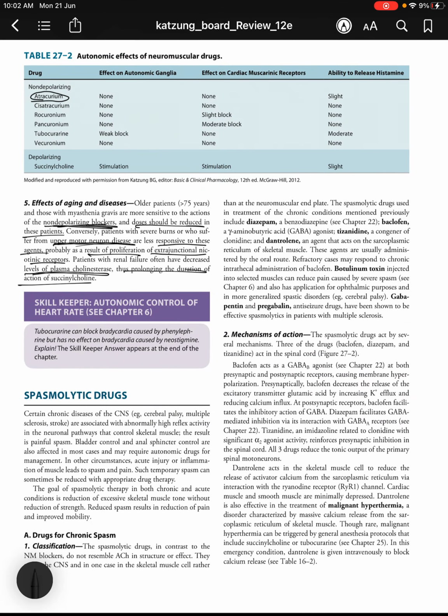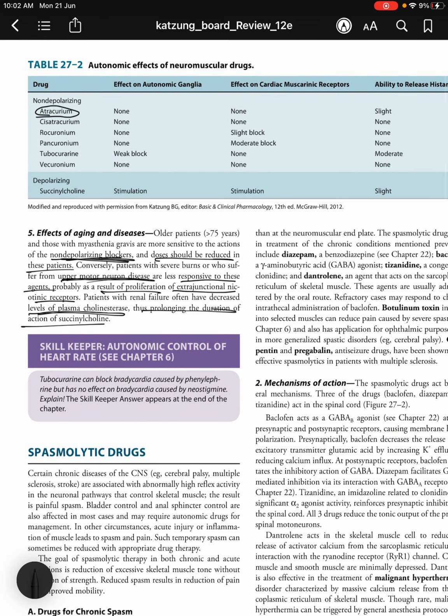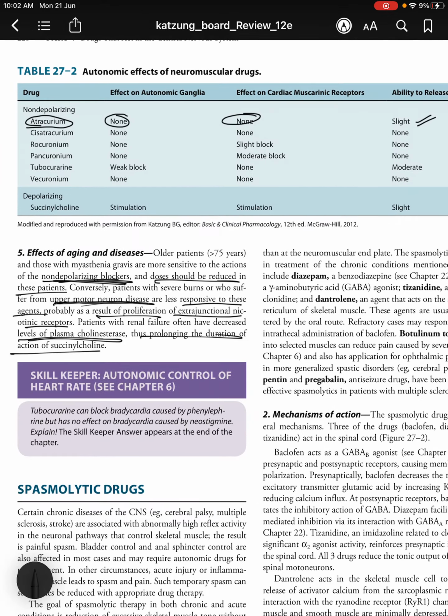So if it produces excessive levels of laudanosine, then it is harmful because it may cause seizures. But it has no effects on autonomic ganglia, no effect on cardiac muscarinic receptors, and slight ability to release histamine. Whereas cisatracurium, the stereoisomer, is very safe. So no effect on autonomic ganglia, no effect on cardiac muscarinic receptors, and no effect on histamine release.